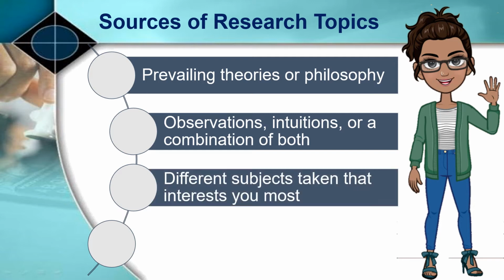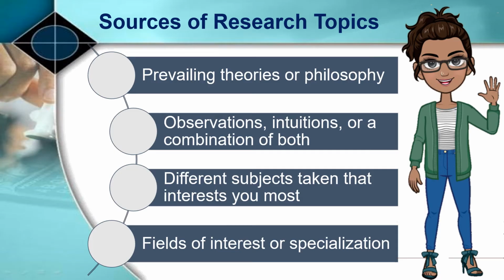Different subjects taken, and from them, identify a problem that interests a student researcher most. 4. Fields of interest or specialization or events from related fields, like strands such as ABM and HUMSS.